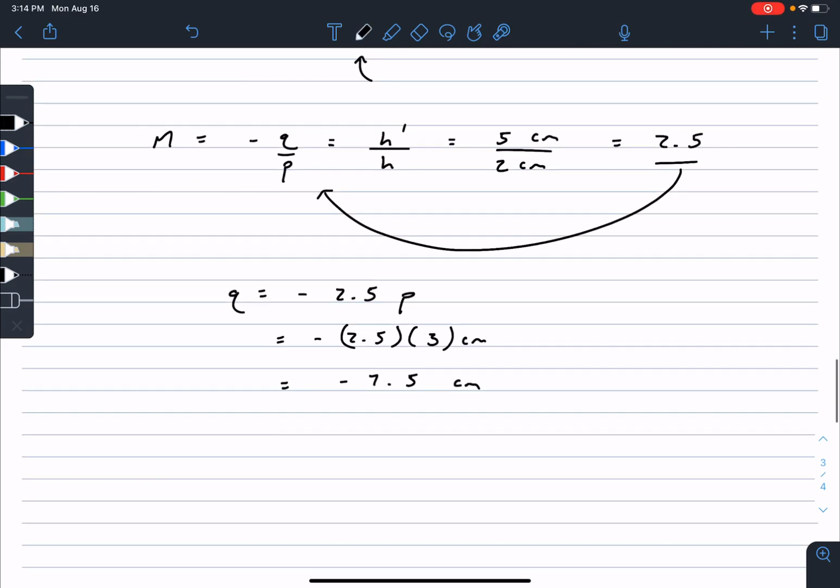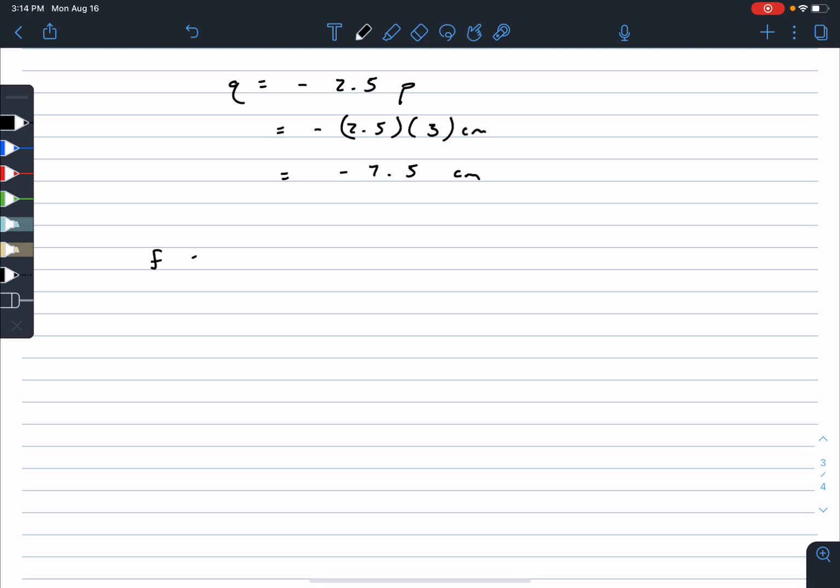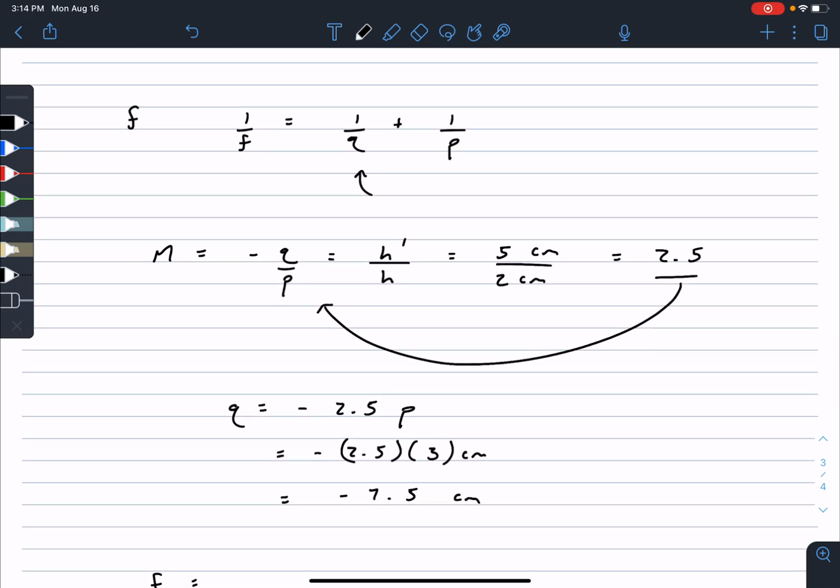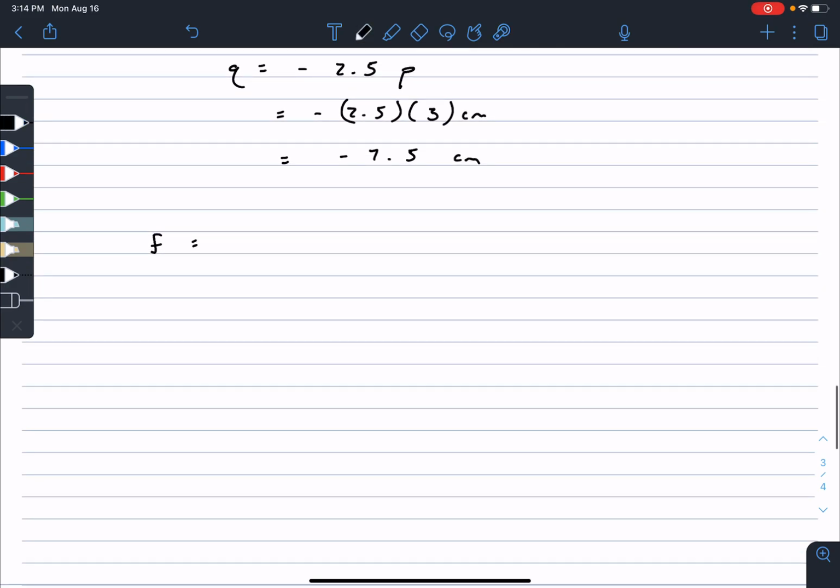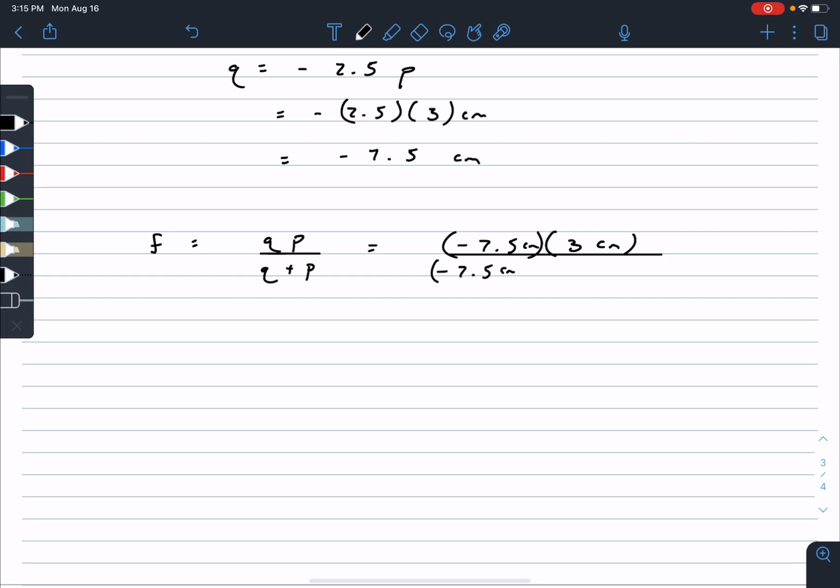Now that we know Q and we know P, we just plug them into our focal length formula and solve for the focal length, which is going to be Q times P over Q plus P. That's going to be negative 7.5 times 3 centimeters over negative 7.5 centimeters plus 3 centimeters.